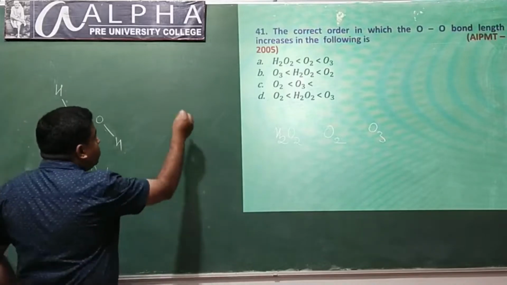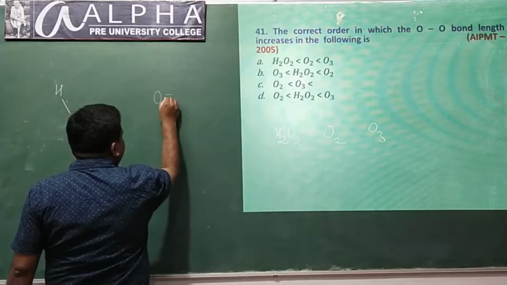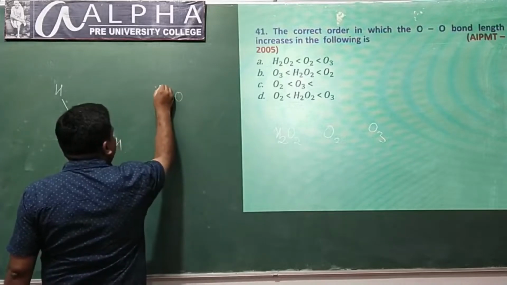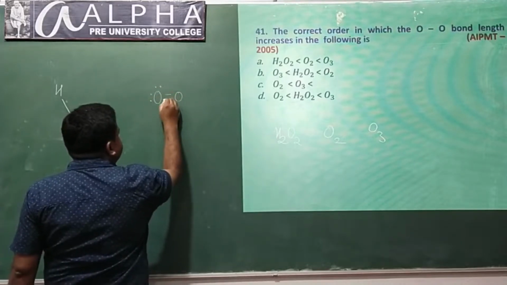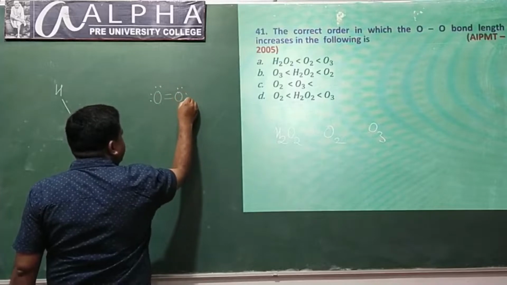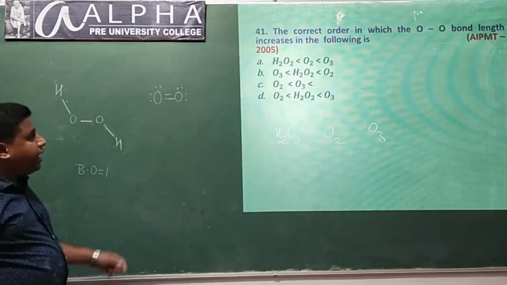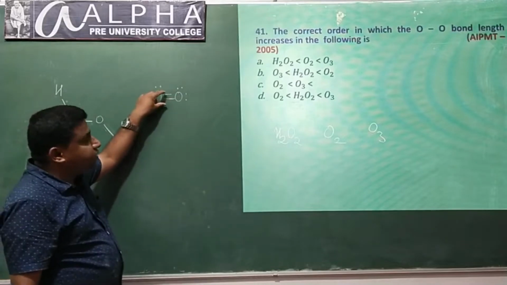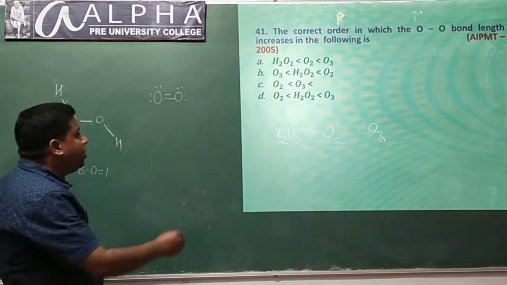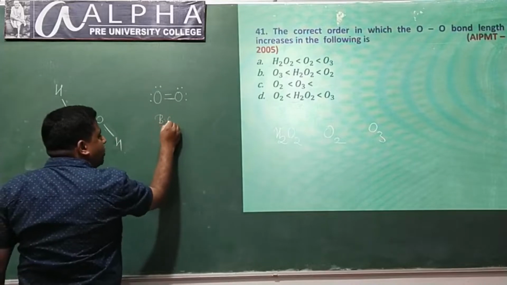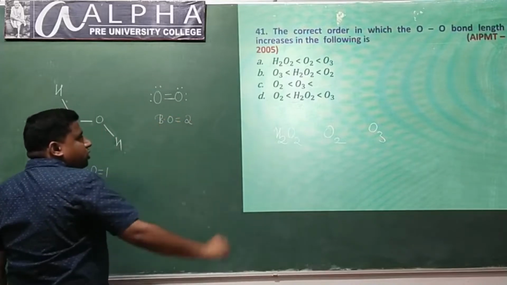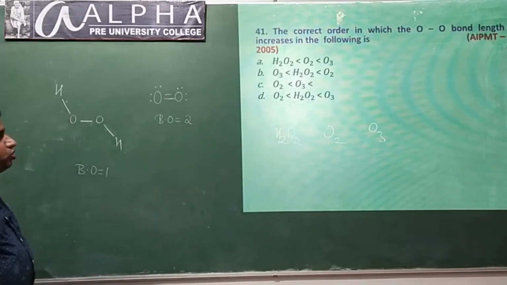Now if you take the O2 molecule, how do you represent O2? Like this, isn't it? And between the two oxygen atoms in O2, that is purely a double bond. For a double bond, the bond order is 2, isn't it?